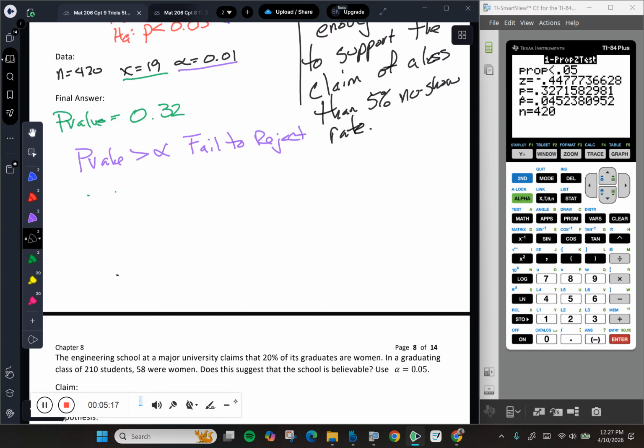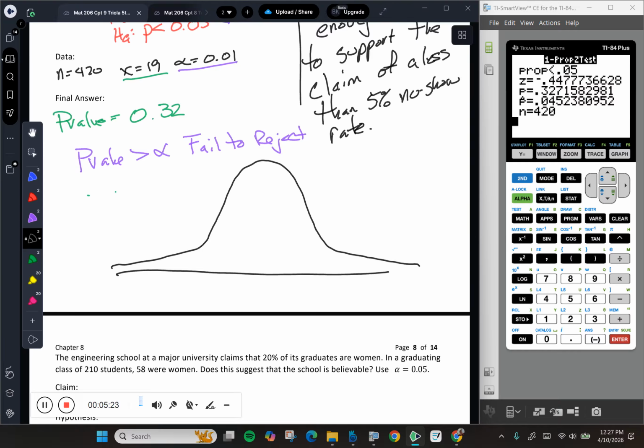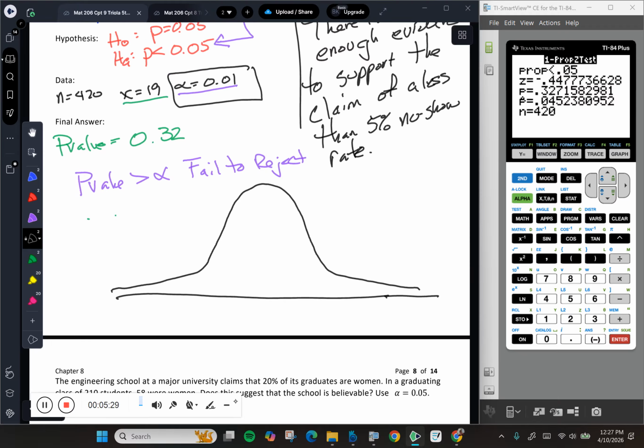All right, so here's how the critical value cutoff would work with this. Our alpha level is 0.01. We are running a left tail test. That means there is going to be some number right here where everything to the left of it is reject and everything to the right of it is fail to reject.